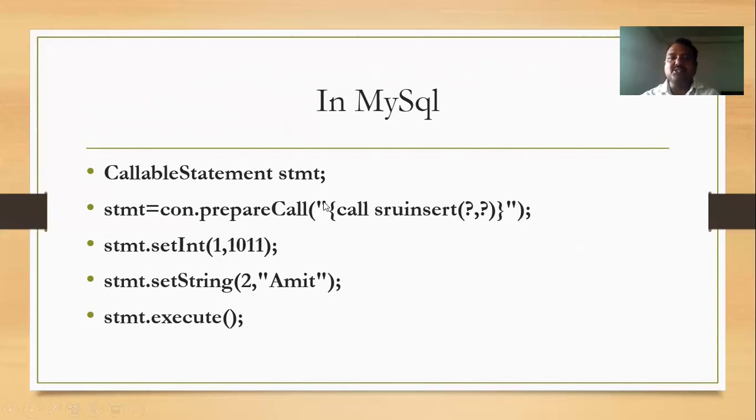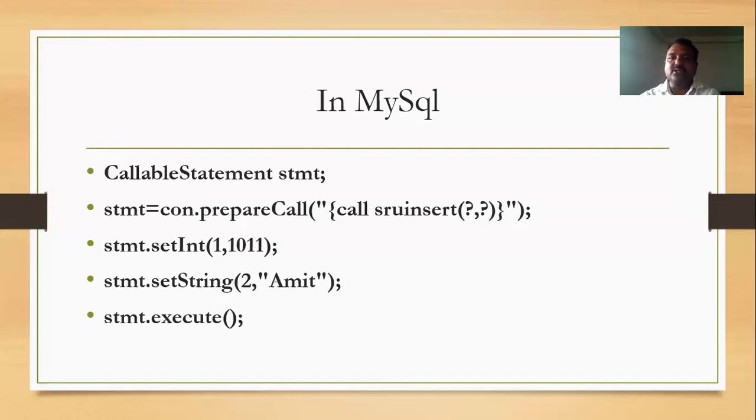And within these two operators, I will be calling the procedure by using the command called call SRU insert, which is the name of the procedure which I have created earlier on the database. Then we are going to supply two arguments, and these arguments are indicated by the question mark, which is similar to your prepared statement question mark.